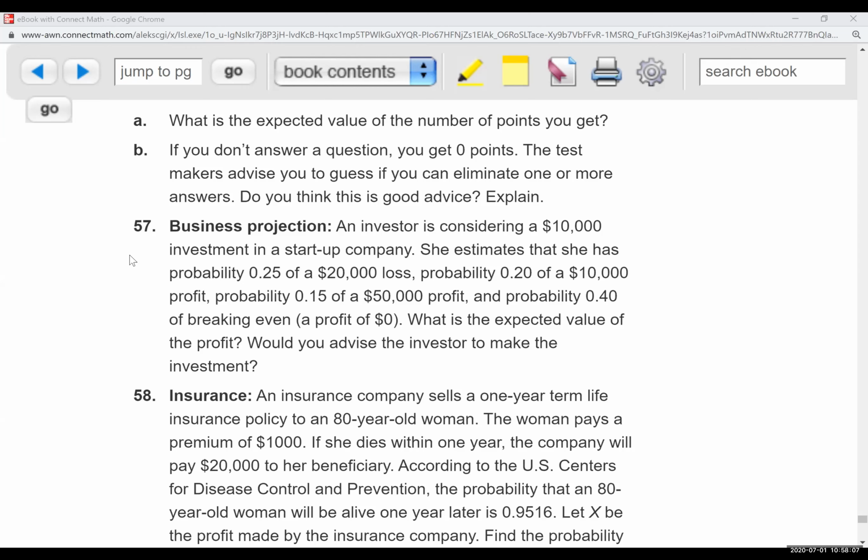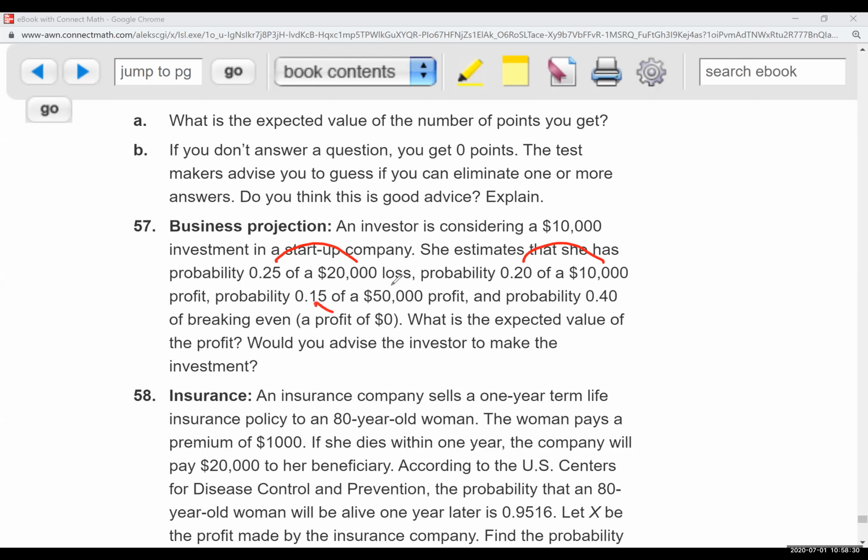You have an answer? So just like what we did earlier, probability of 0.25. So you just have to multiply this. So that's a loss, that's a negative. Probability of 0.2, you multiply that.